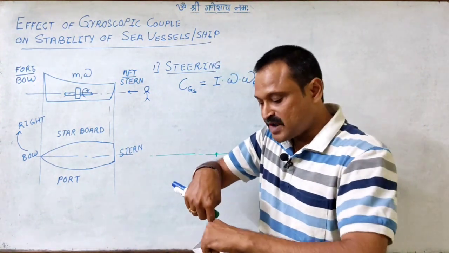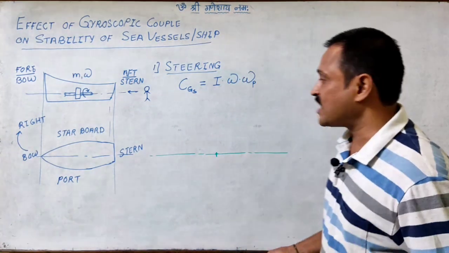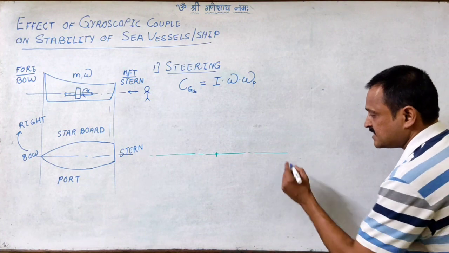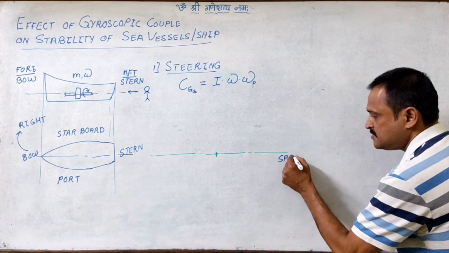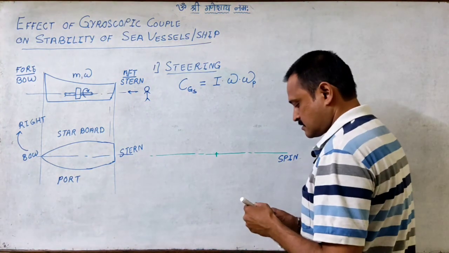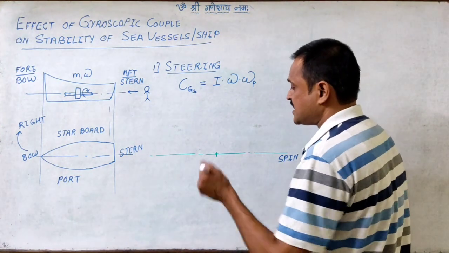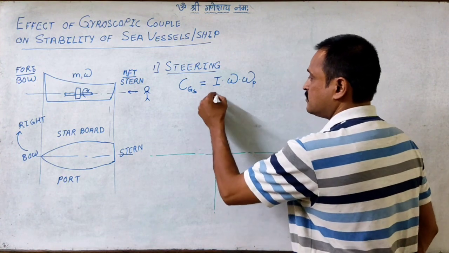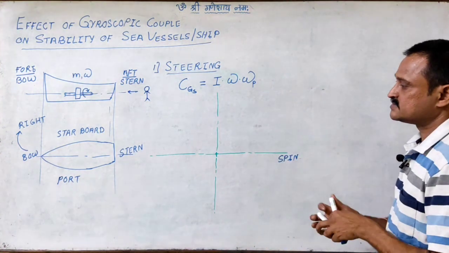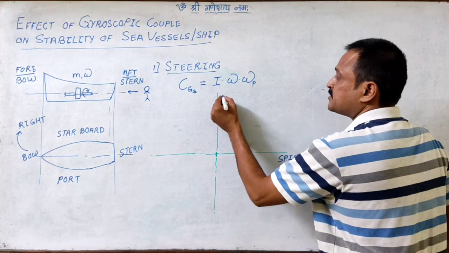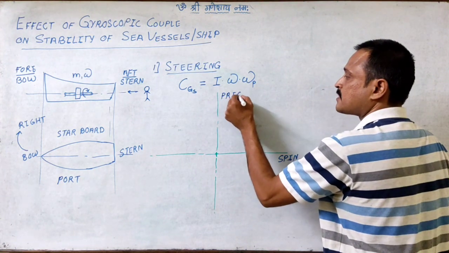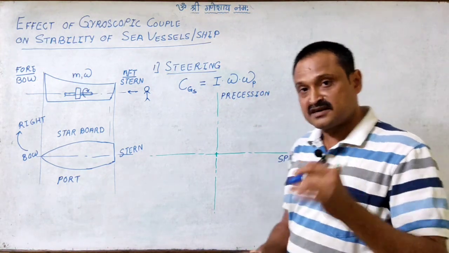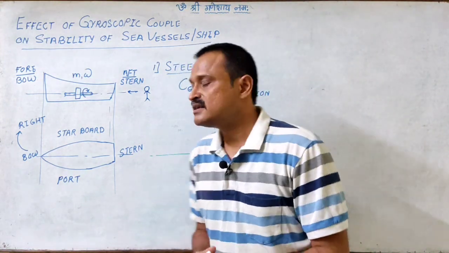So this x-axis is the axis of spin, and the y-axis is the axis of precession. The remaining third mutually perpendicular axis is the z-axis.